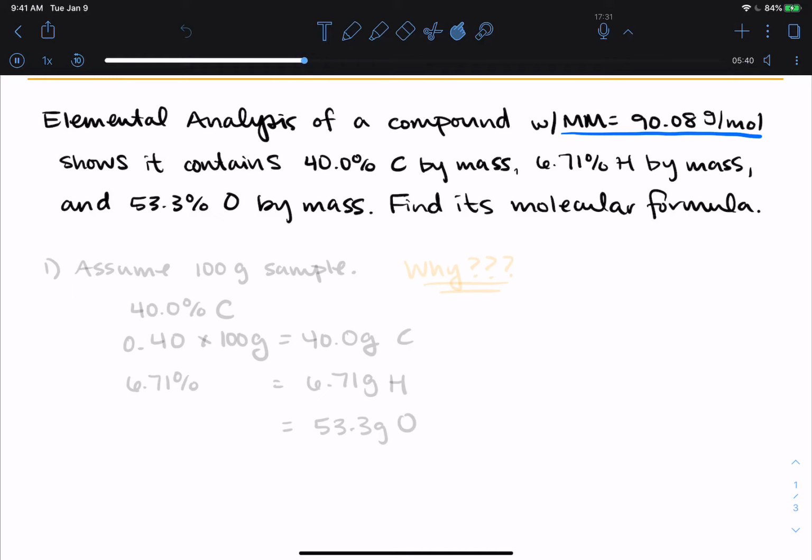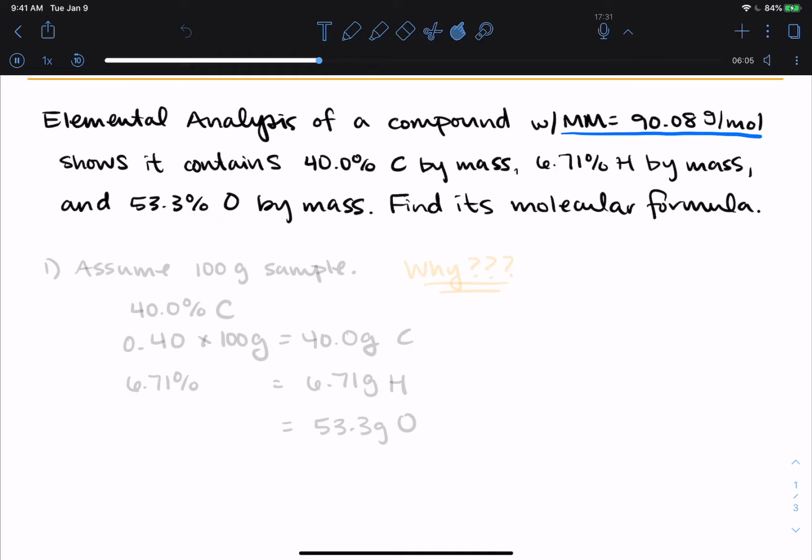There are other experiments, like osmotic pressure, that we will learn about in Gen Chem 2 that would let you get the molar mass of a compound without specifically knowing its molecular formula. So I promise we could actually get this information, and I didn't make this up just to make your life really difficult.